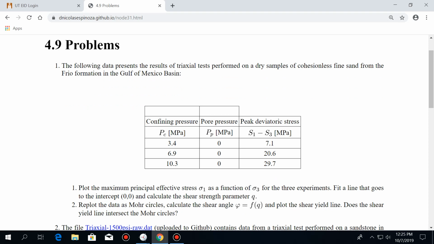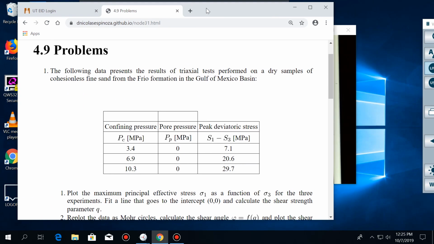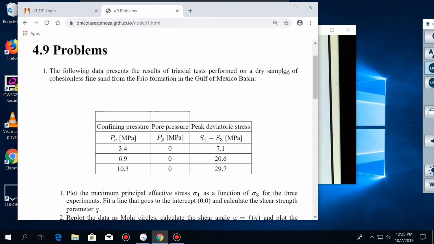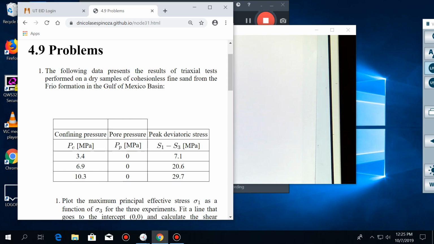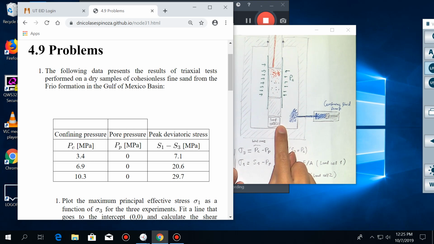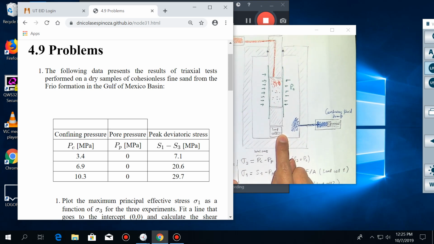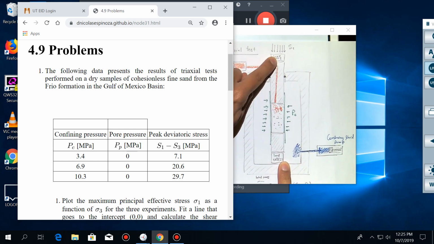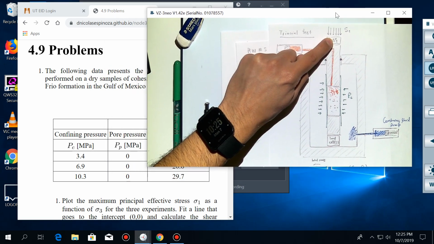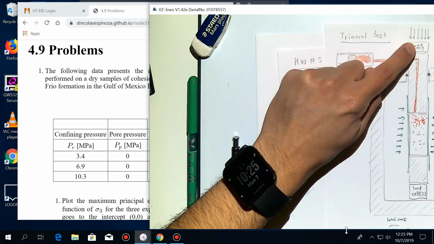In all these tests, the maximum stress was measured inside the vessel, so you don't have the total value of S1, you have the difference between S1 and S3.